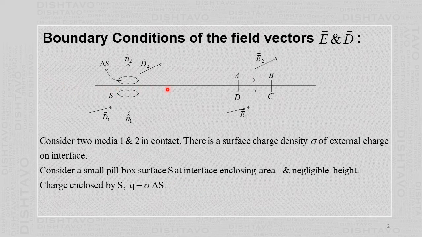Now let's say that below this line dielectric 1 is there and above this line dielectric 2 is there. So these are two different dielectrics.